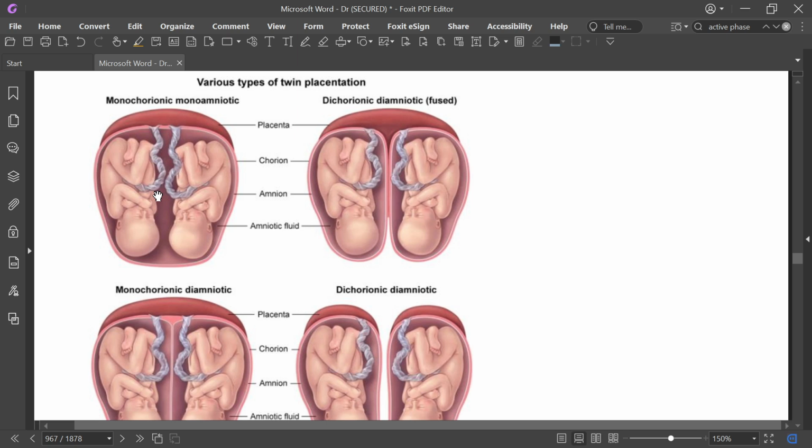Dichorionic, diamnionic means two placentas, two amniotic sacs.